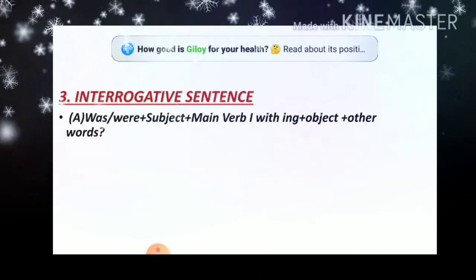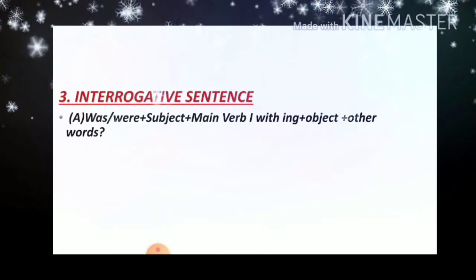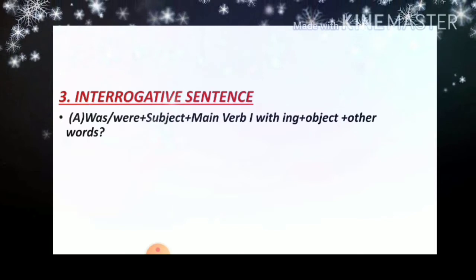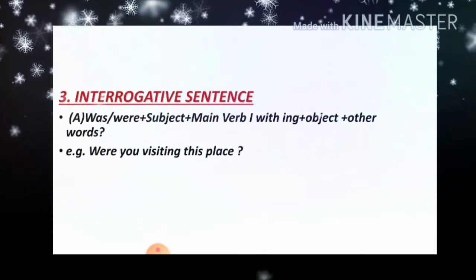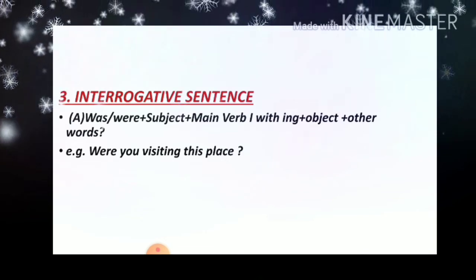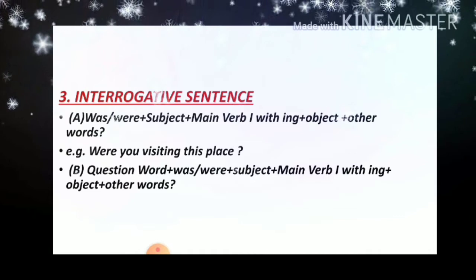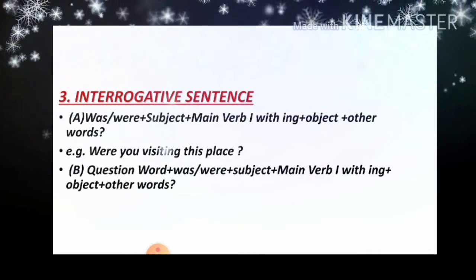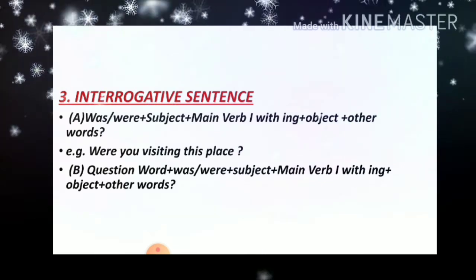So was or were along with the subject, then the main verb with the ing form, object and other words, but be careful about the question mark. Now the example is here: were you visiting this place? The next kind is the question word type. As you know, in question word type sentences, the sentence starts with the question word.